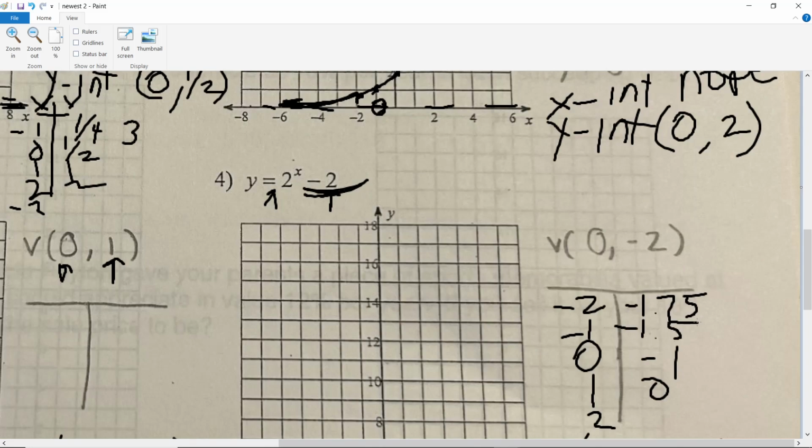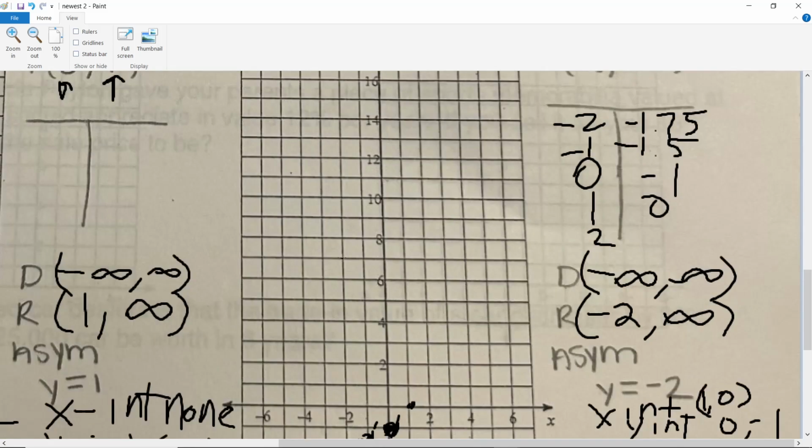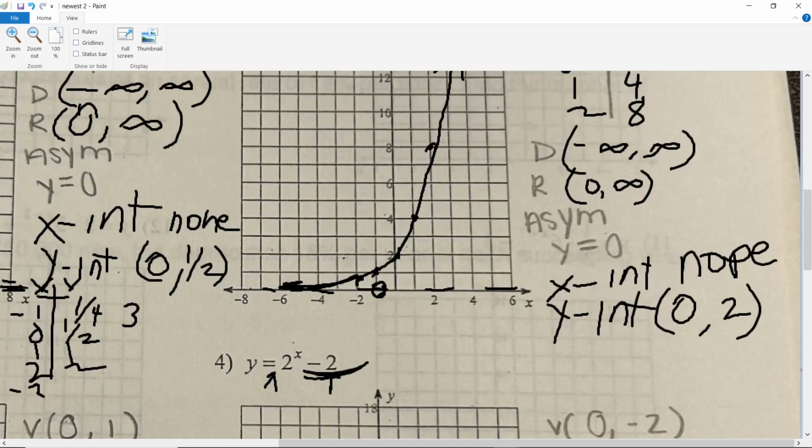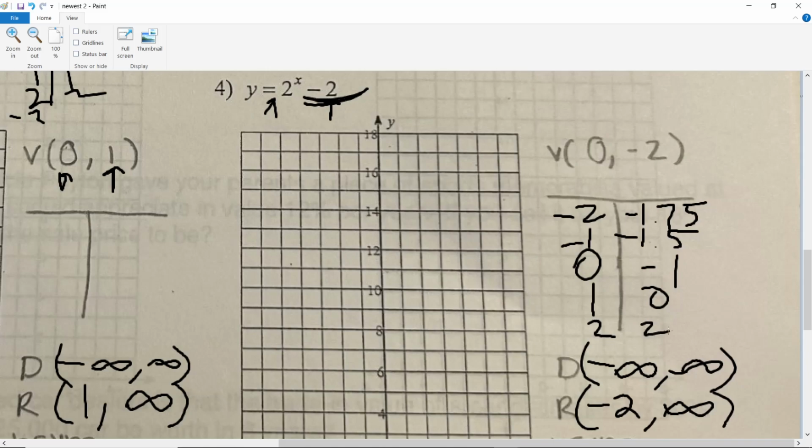I might as well draw those in. At negative 1, it's minus 1.5. At negative 2, it's minus 1.75. And then at 1 is 0. At 2, 2 squared is 4, minus 2 is 2. At 2, it's at 2.